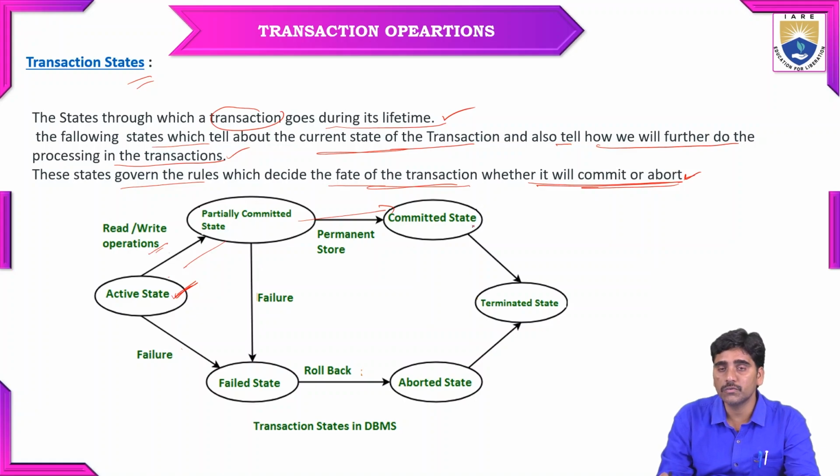After it is moved to the committed state, that indirectly says that the data is saved permanently in the database. So the active state goes to the partially committed state, then to the committed state, and then to the terminated state.